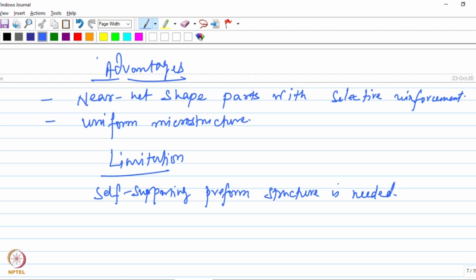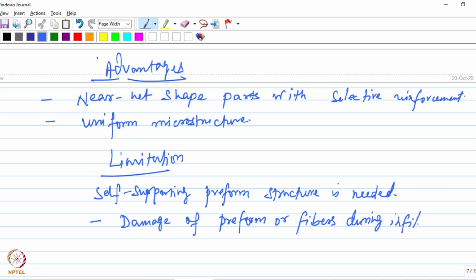And there are chances of damage to the preform or fibers during infiltration, which will lead to deterioration of the mechanical properties.